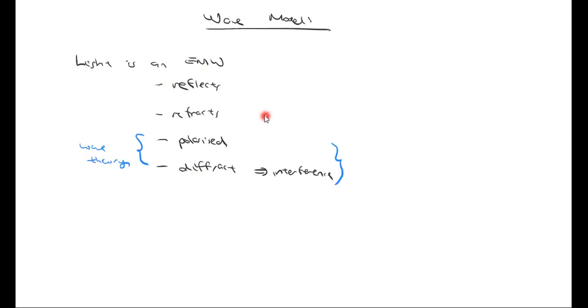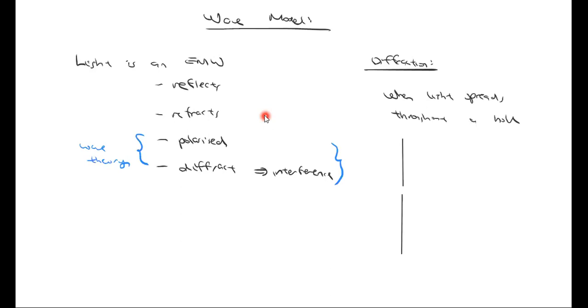All right, and so we're going to focus here on diffraction. Diffraction of light is basically when light spreads through a hole. If you think of it as a wave, and you've got a tiny slit, let's say these were the wave fronts, we'll draw it in green.